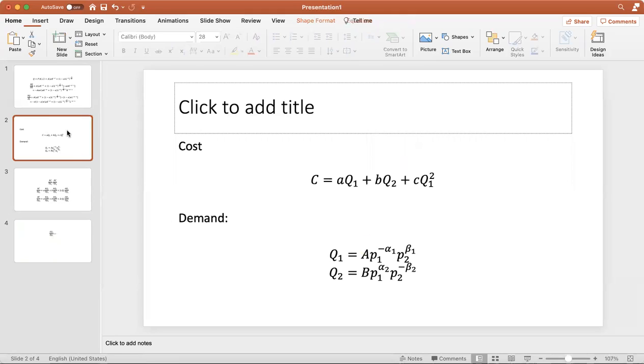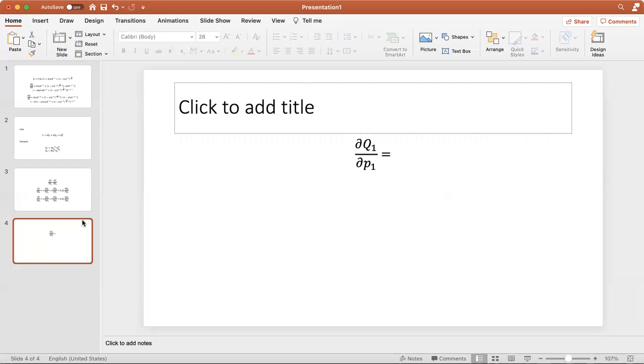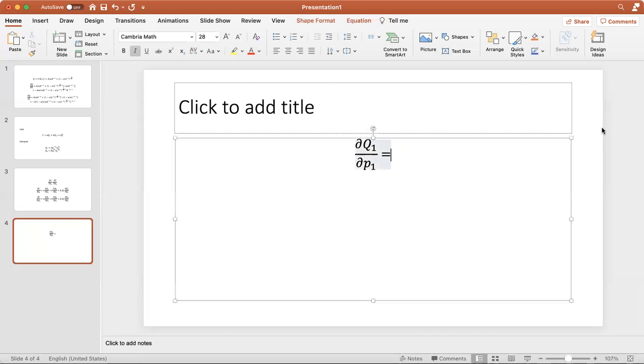The function is alpha P1 raised to negative alpha 1, beta P2 raised to beta 1. So solve for the derivative.